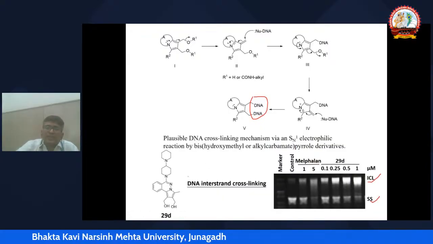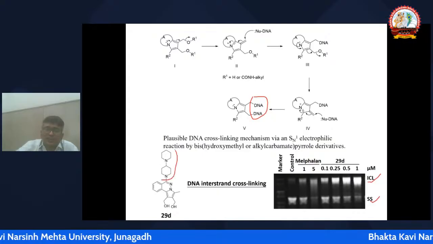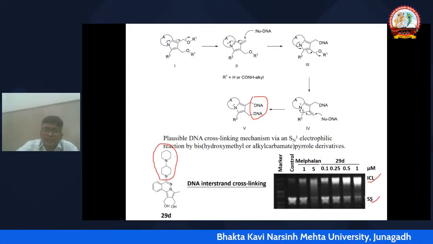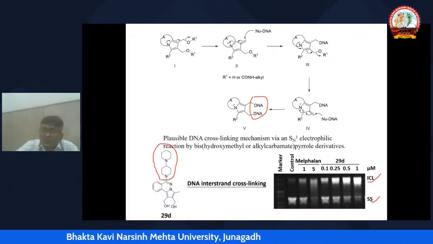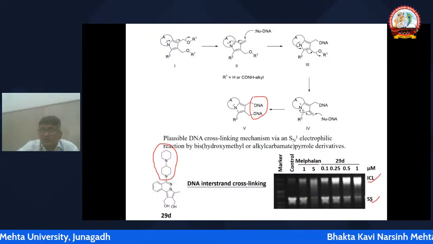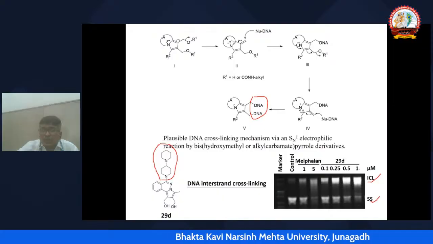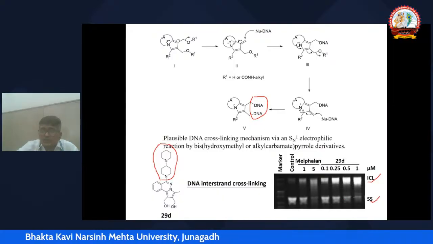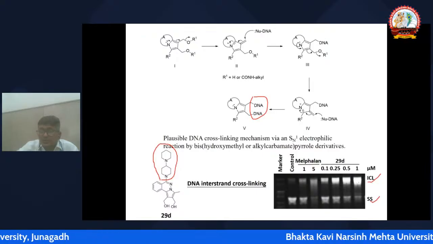In 29D the heterocycle is a bipyridine ring and here is the diol system. So you can see that at different concentrations of 29D, from 0.1 micromolar to 1 micromolar, with increasing concentration the interstrand cross-linking increases.